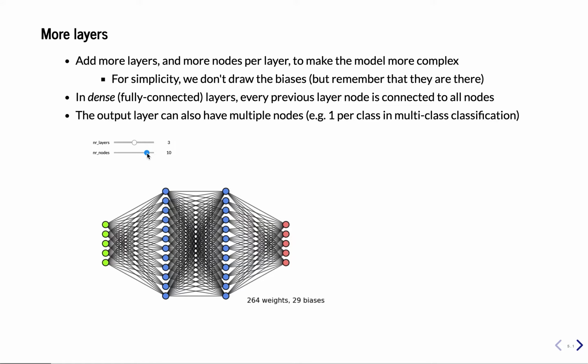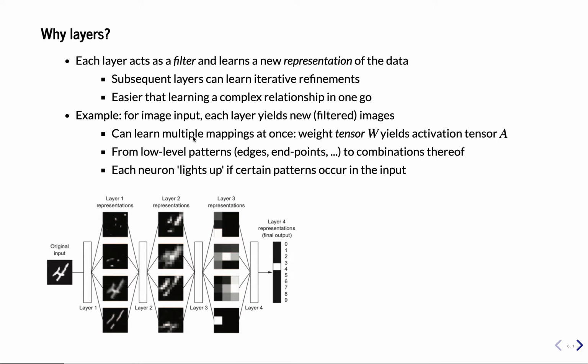And the reason for that is something called compositionality. It means that we can decompose a hard problem into simpler subproblems. And these layers effectively will act as a filter of our input data X. Right? So imagine that we have here this image of a sloppily written number 4. After we push that to the first layer, it will transform that data in some way, like this fuzzy 4 here.